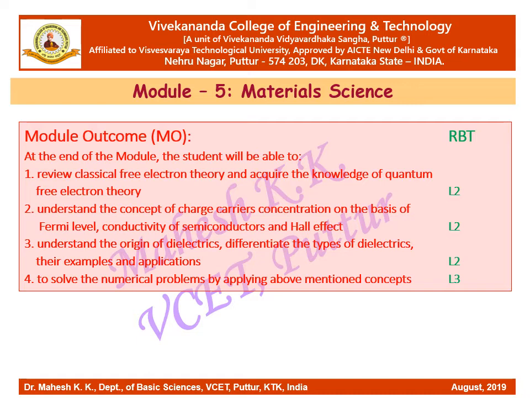At the end of the module, the student will be able to review classical free electron theory and acquire knowledge of quantum free electron theory; understand the concept of charge carrier concentration on the basis of Fermi level, conductivity of semiconductors and Hall effect; third, understand the origin of dielectrics, differentiate the types of dielectrics, their examples and applications; and number 4, let us solve some numerical problems also.